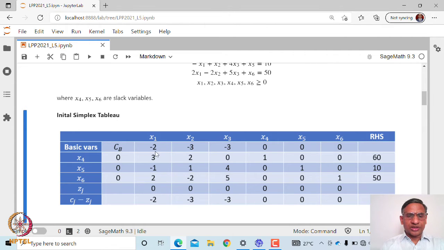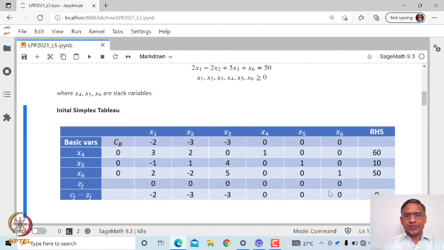For example, the column corresponding to the non-basic variable here is -2, 3, -1. So look at this, -3, -1 and 2, and take the dot product with this CB. Since CB is all 0, the dot product will be 0. That is why you see the row corresponding to ZJ has all 0 values.